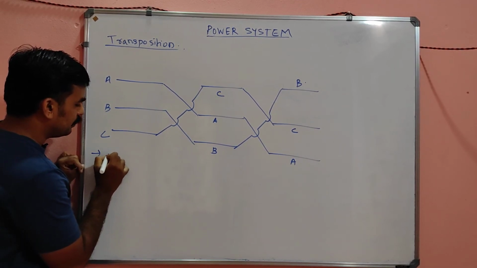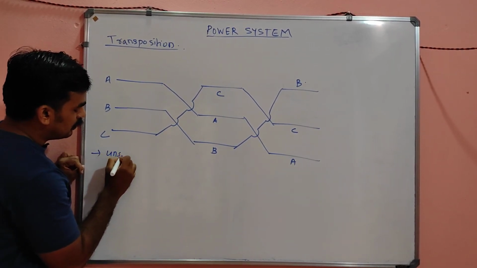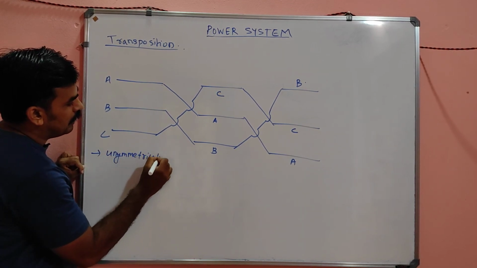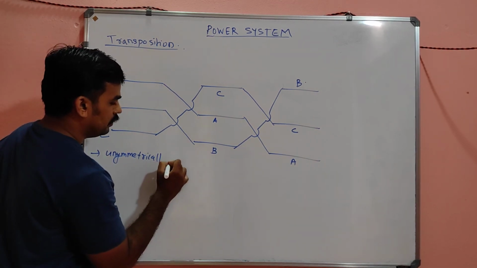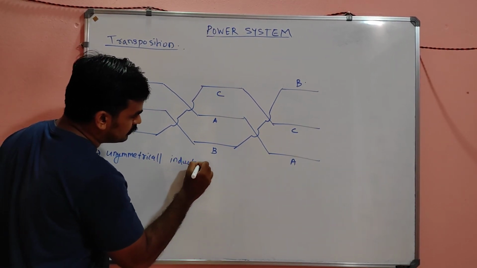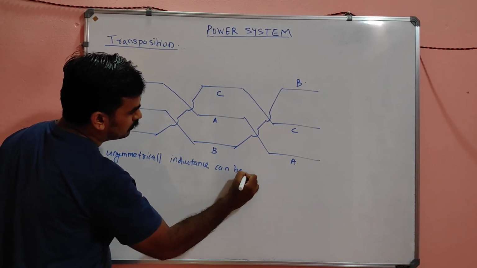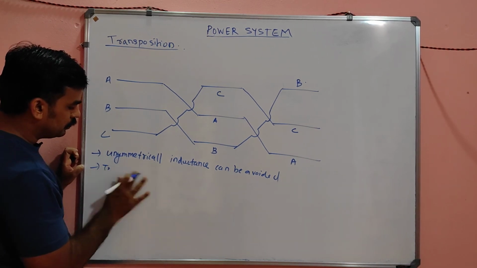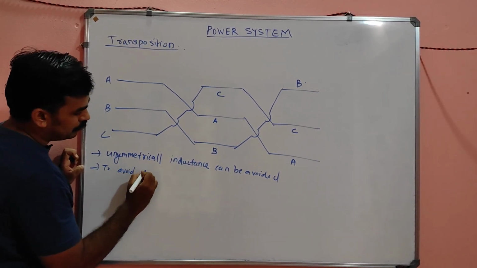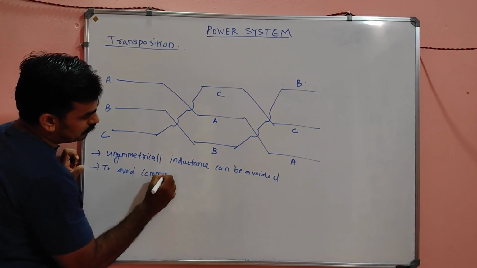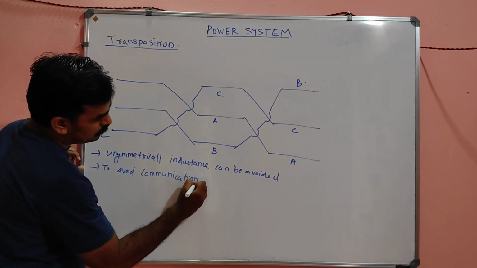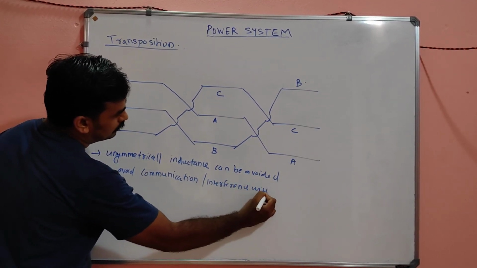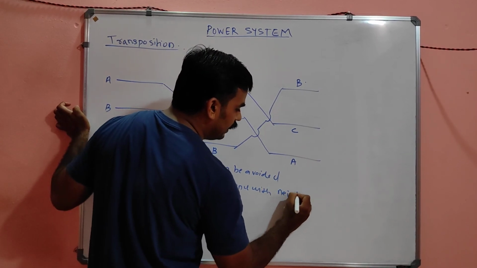How can we say, unsymmetrical inductance can be avoided, to avoid communication interference with the neighbor line.